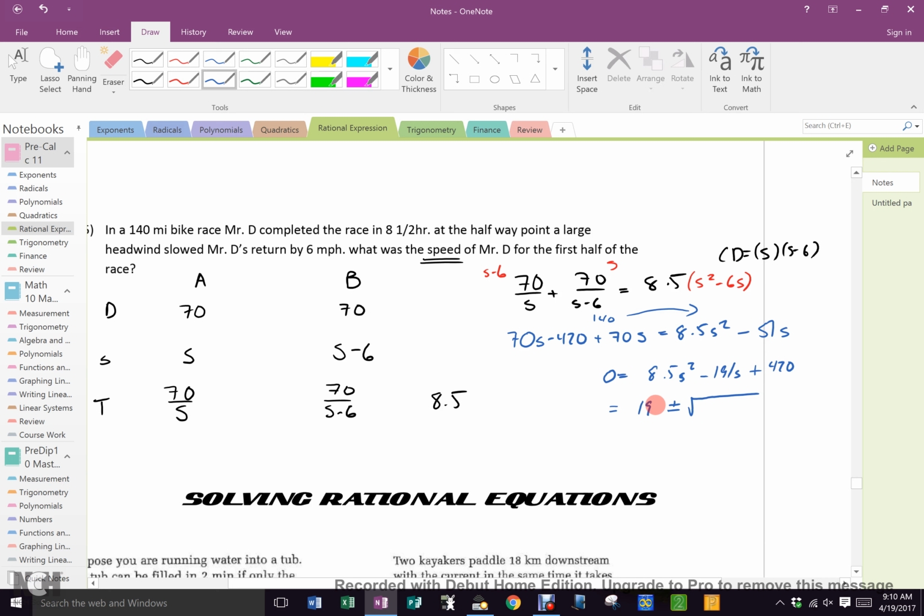Negative b, so 191 plus or minus now b squared, which is 191 squared minus 4 times 8.5 times 420. No, because negative 191 squared is still the same as 191 squared. Over what? 2 times a, which is 17, yeah?